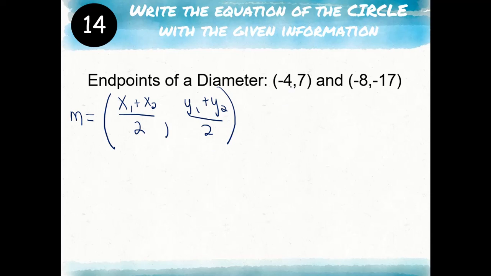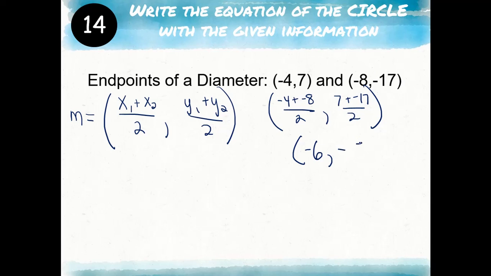So my center will be -4 plus -8 over 2, comma, 7 plus -17 all over 2. I will get -12 over 2. That's a -6. And then -10 over 2, -5. Correct? That would be my center.